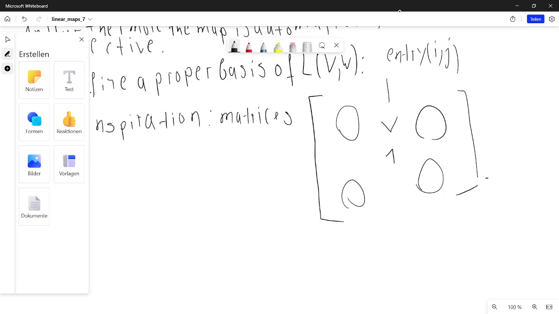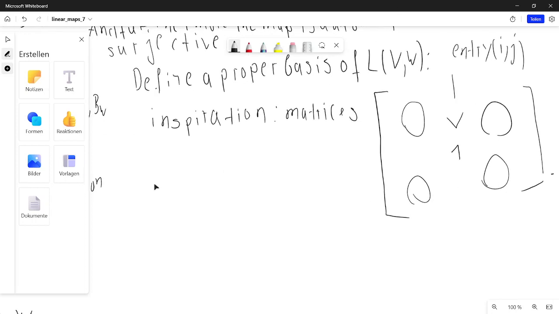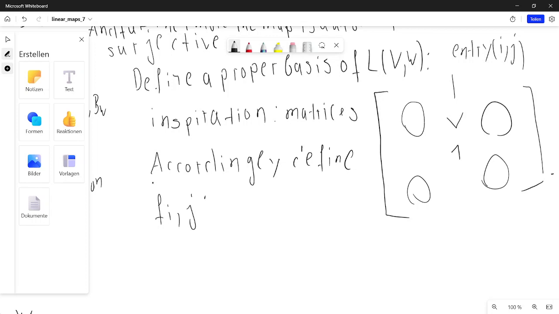Well, accordingly, define Fij. This is now supposed to be a linear map. We don't know yet if it is linear, but we'll see.